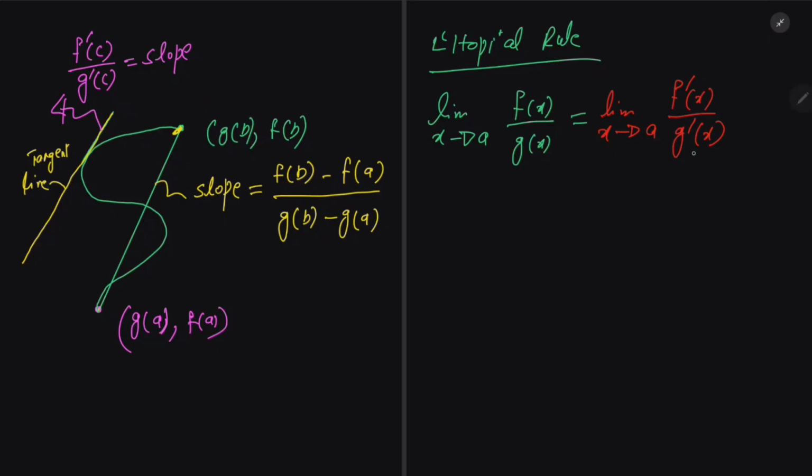One of the limits, g dash, has some issues. So we want to replace the right hand side, the derivative, with another function, or maybe like that, the ratio of these two values.